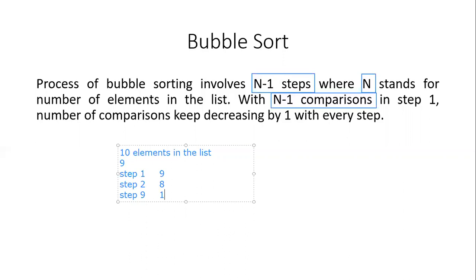So this is how the bubble sort actually works. It involves n minus 1 steps for any value of n, and it will have n minus 1 comparisons at the first step, and the number of comparisons will reduce by 1 in each step.